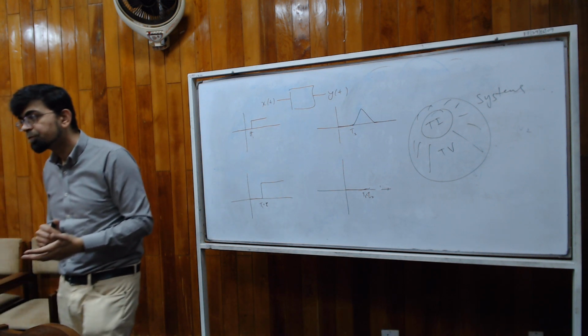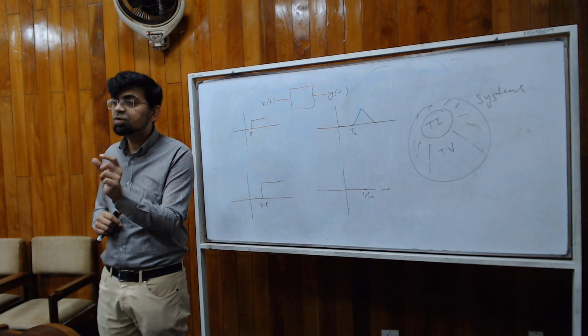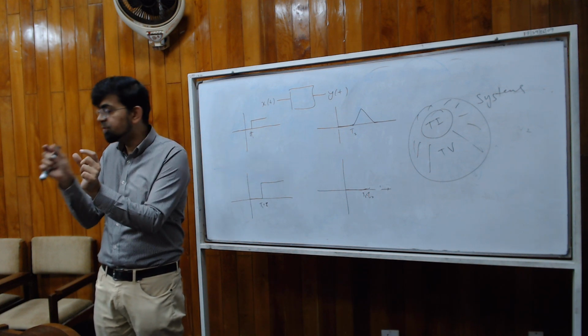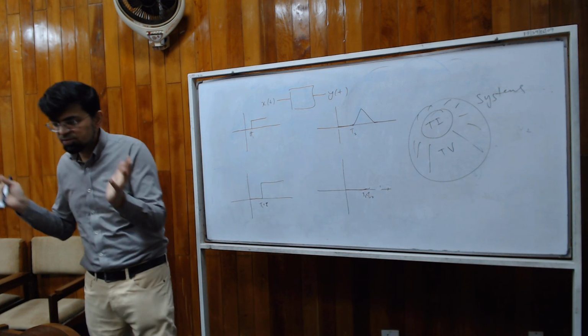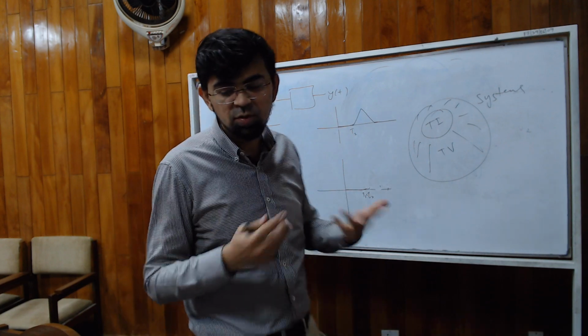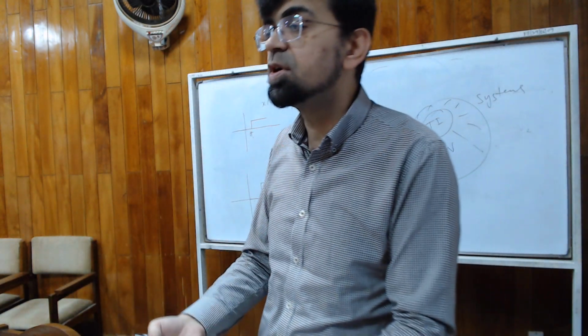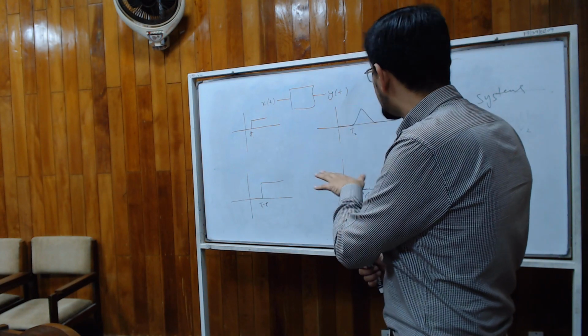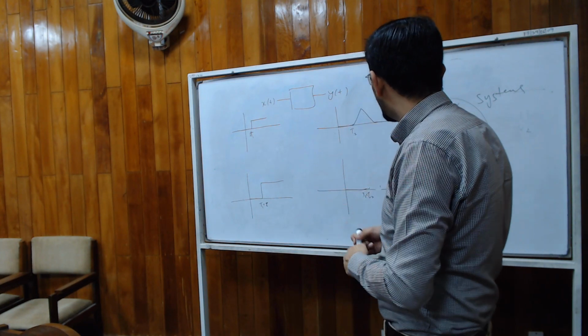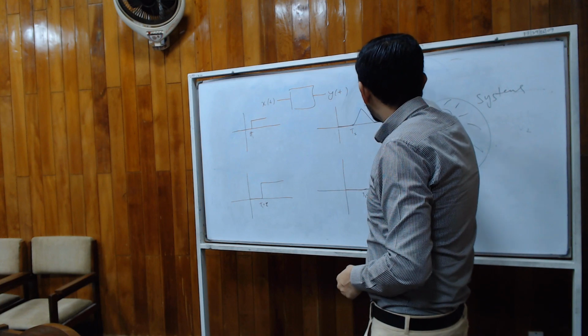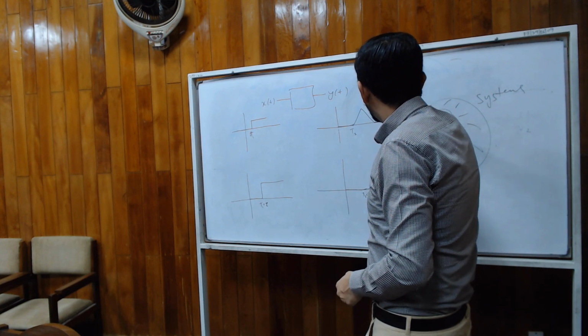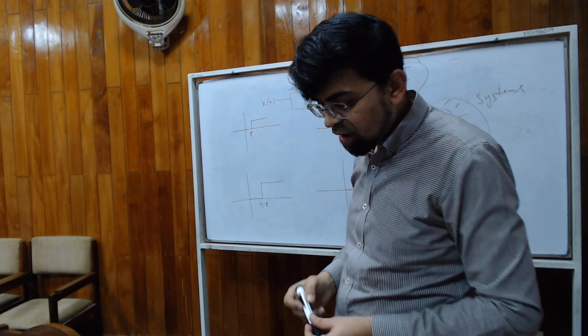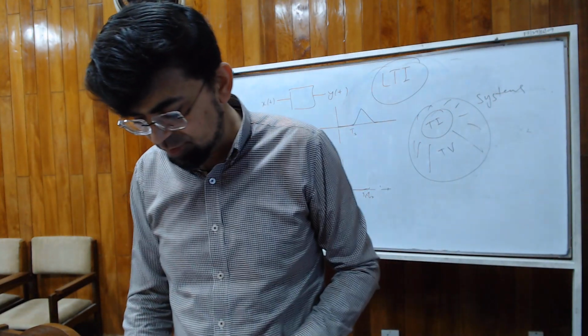Then the tools you develop can be used piecewise, so it works fine, not much of an issue. You can also develop tools directly for time varying systems, and that keeps happening. But at this level in this course we are going to stick to the subclass LTI, linear time invariant.